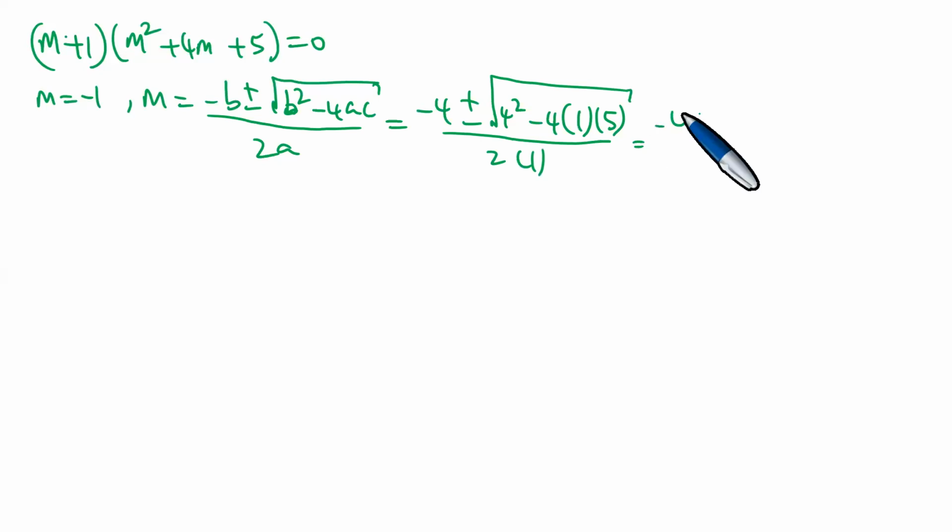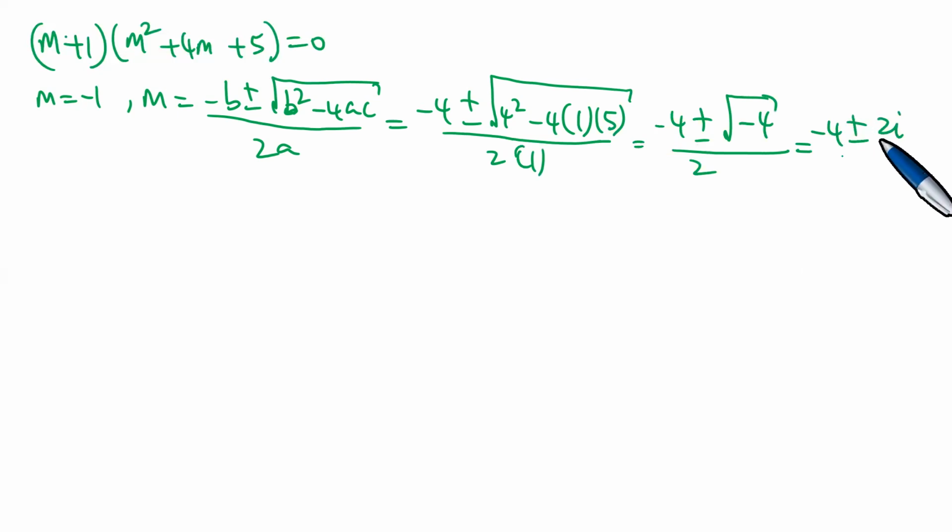Which is minus 4 plus or minus the square root of 16 minus 20. 16 minus 20 is minus 4, out of 2. And this is minus 4 plus or minus 2i out of 2. And this is minus 2 plus or minus i.